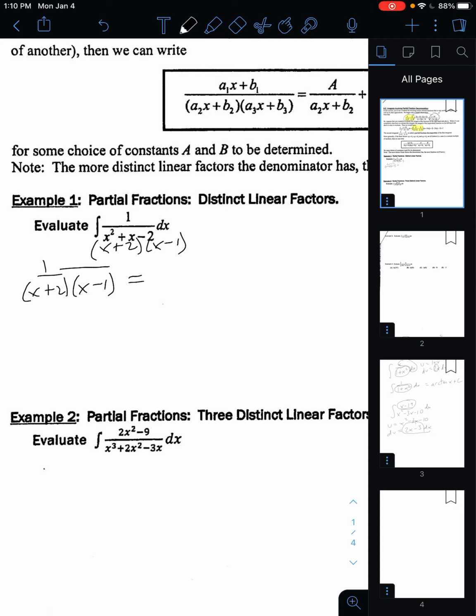So what I'm going to do is put a, I'm trying to figure out what that constant a is, over the first factor, plus b over the second factor. And the whole goal, I'm trying to figure out what a and b are. So I break it down into the two factors, but I'm trying to figure out what those constants are on top.